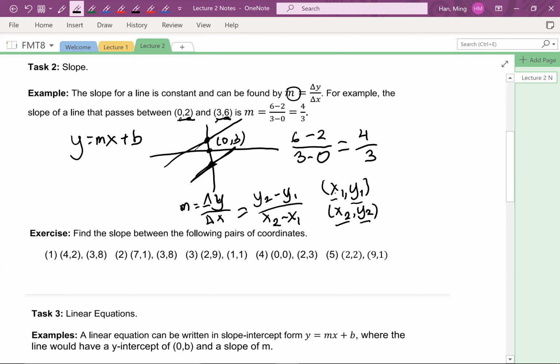It just has to be that if you have x1 first, then you also need to have y1 first. So the 2s always have to align like this. So you wouldn't be able to have y2 minus y1 over x1 minus x2, because that would give you a different value. Does that make sense?